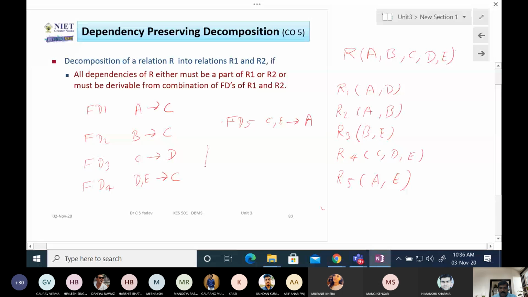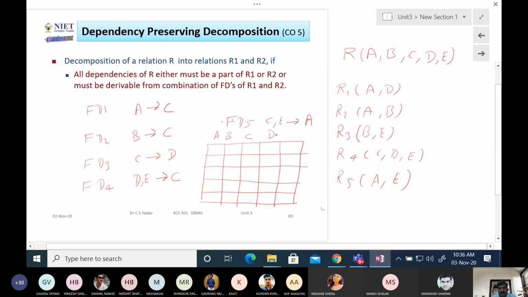Here we will draw a 5 cross 5 matrix. Five rows and then 5 columns: A, B, C, D, E, and rows R1, R2, R3, R4, and R5.